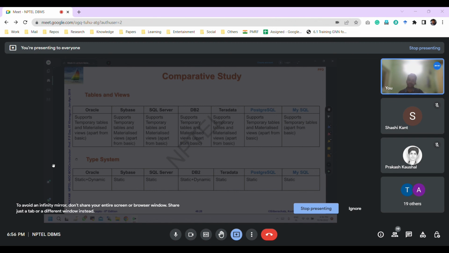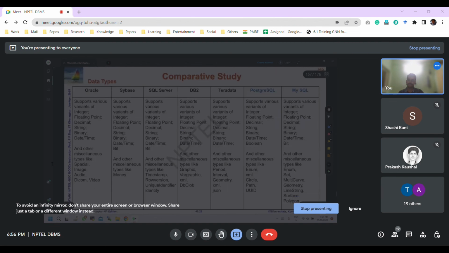If it is static, we have to store the static data. If it is dynamic, we can dynamically change the data also. Okay, then data types. Varchar is there, but they haven't written name. Okay, like that.